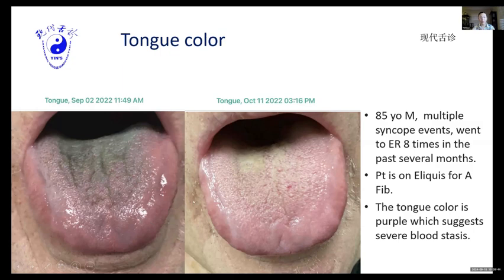It definitely should be used, because anticoagulation only makes sure the blood doesn't develop into a blood clot. It doesn't help with blood flow efficiency. So for this patient, we know that after treatment, his blood flow is much better.